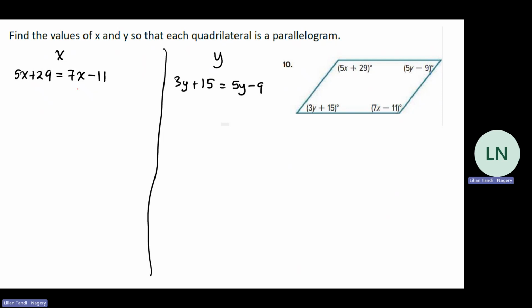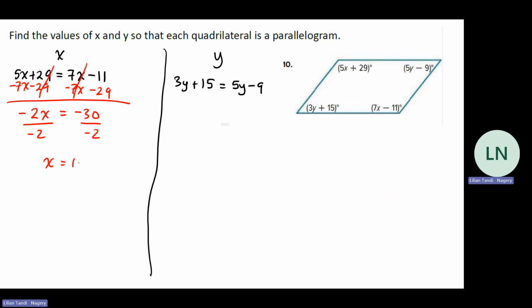Okay? Subtract 7x on both sides, minus 29, minus 29. This goes and this goes. Negative 2x is equal to negative 40. Divide by negative 2, divide by negative 2, x is 20.